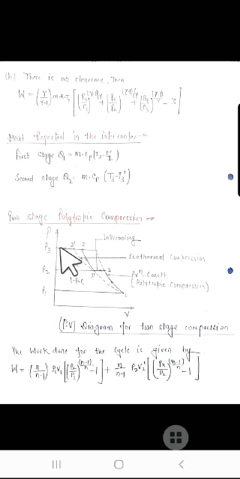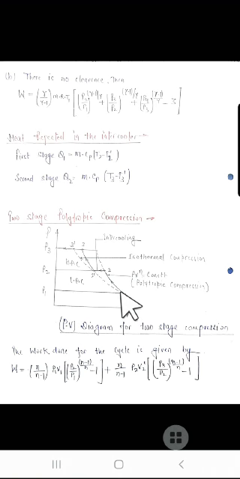Here you can see the PV diagram of two-stage polytropic compression. If the compression occurs in single stage, then compression follows this curve.